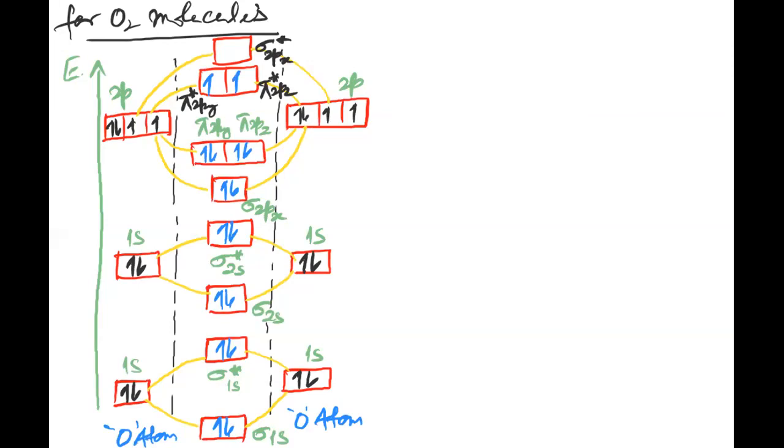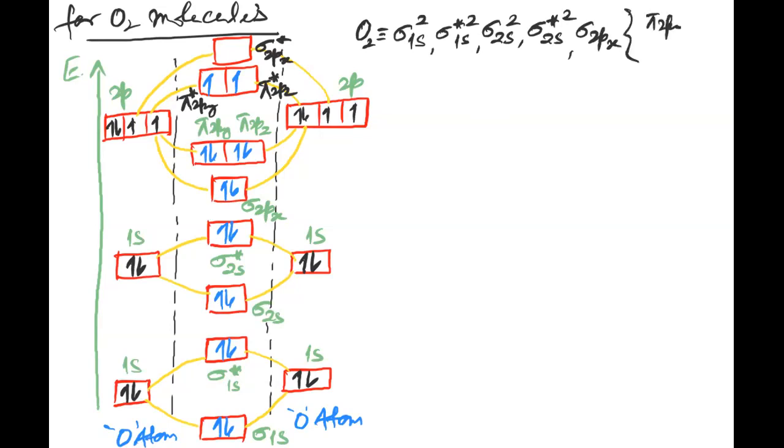So the electronic configuration of O2 is sigma 1s2, sigma star 1s2, sigma 2s2, sigma star 2s2, sigma 2px2, pi 2py2, pi 2pz2, further pi star 2py1 and pi star 2pz1.